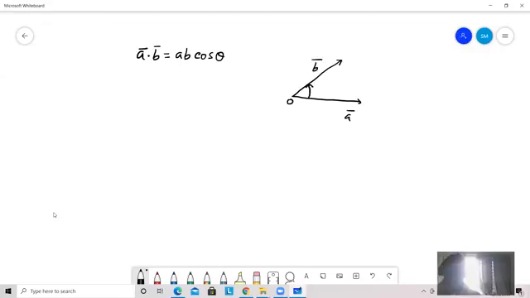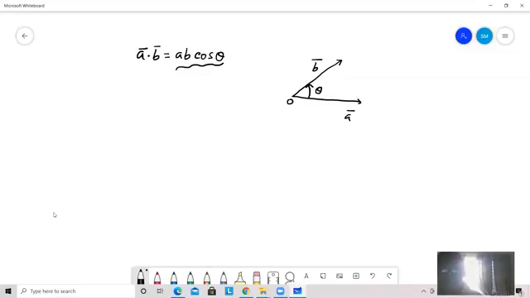So now the question is, when will this value of AB cos theta be maximum? Sir, at cos 0. Cos 0. Good, excellent.